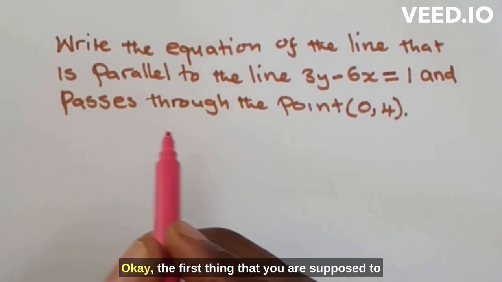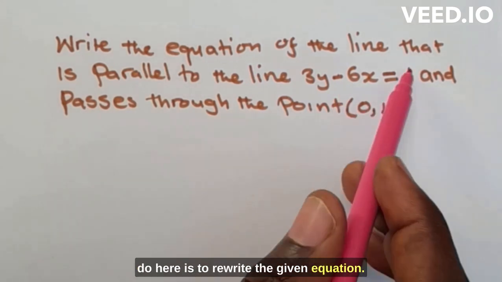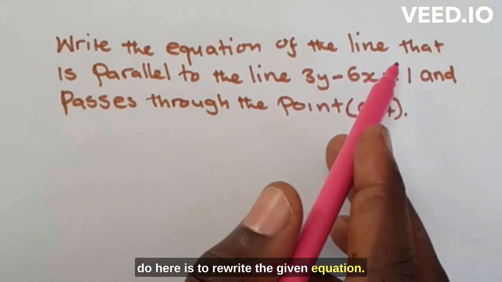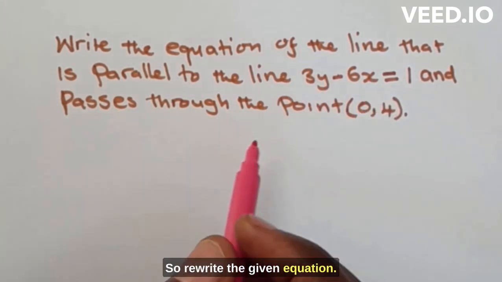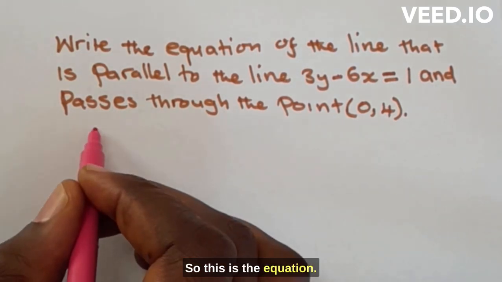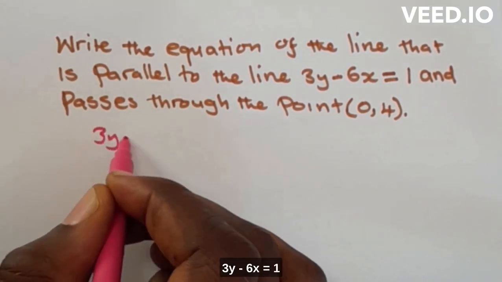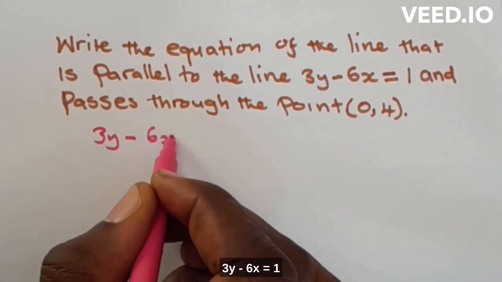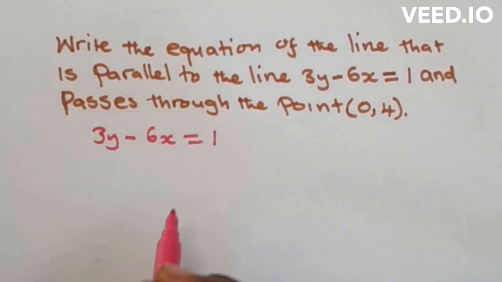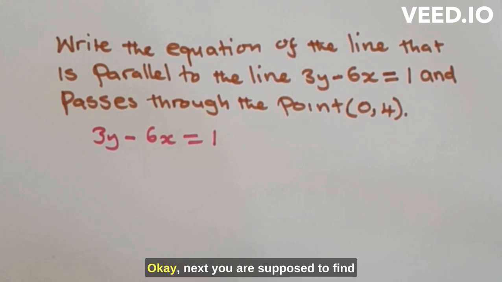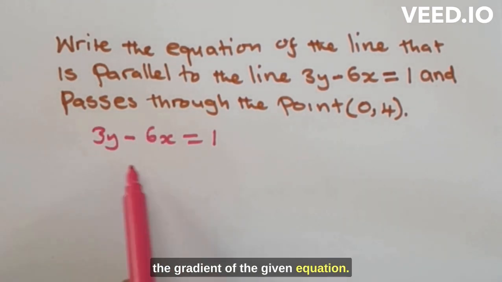The first thing that you are supposed to do here is to rewrite the given equation. So this is the equation 3y minus 6x is equal to 1. Next, you are supposed to find the gradient of the given equation.